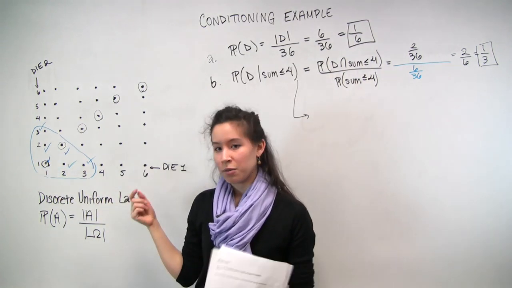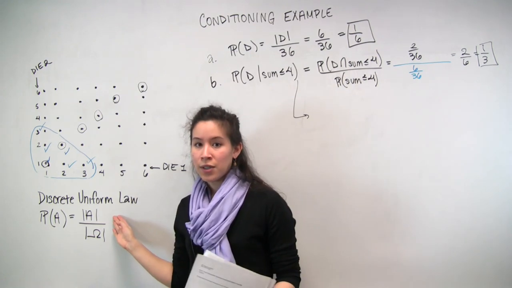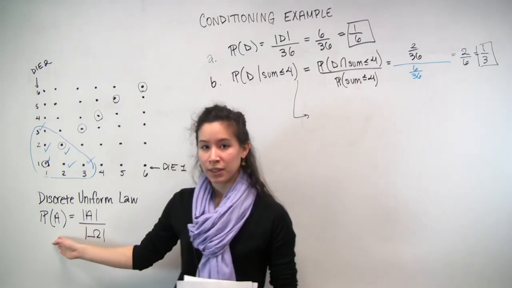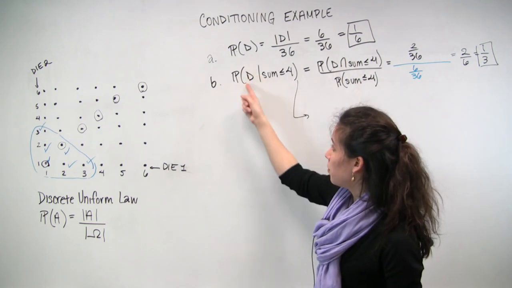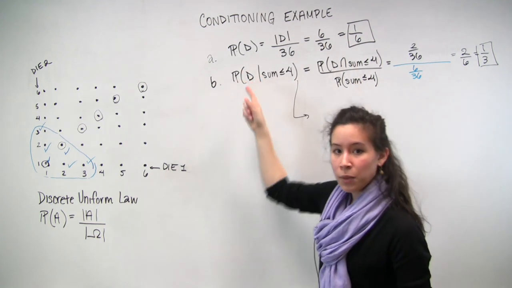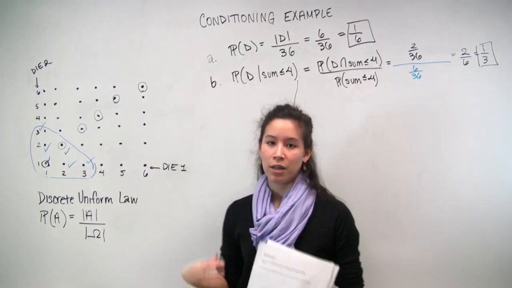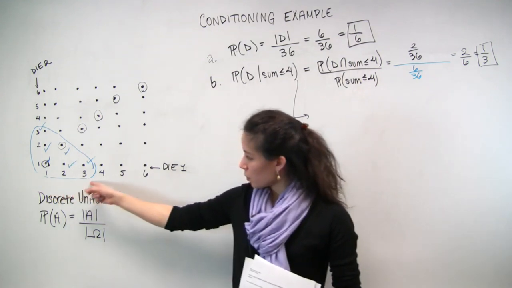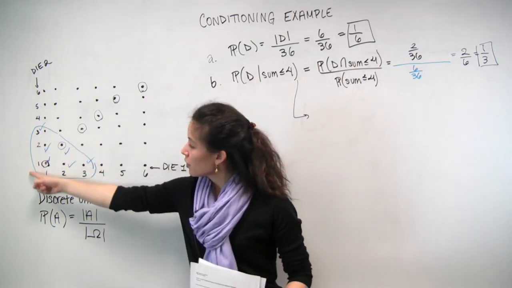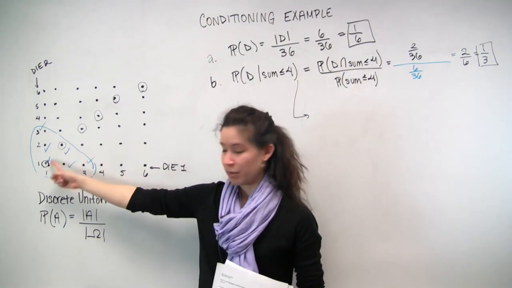And therefore, we can apply a conditional version of the discrete uniform law. Namely, to compute the conditional probability that doubles are rolled, we need only count the number of outcomes in that event and divide it by the total number of outcomes.